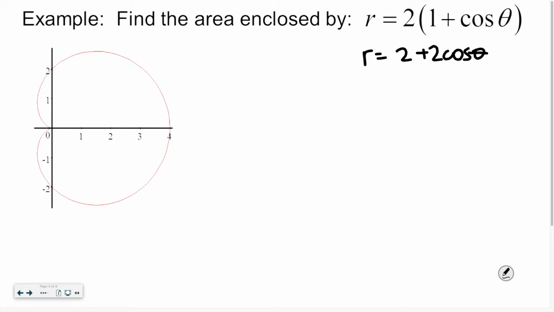In the book, you might encounter problems like this, which is why it's written up there like that. Just go ahead and distribute it out so then it's easier to work with. All right, well, let's talk about this. We know that a cardioid is drawn from 0 to 2 pi, and it is fine for you to make your integral set up from 0 to 2 pi.